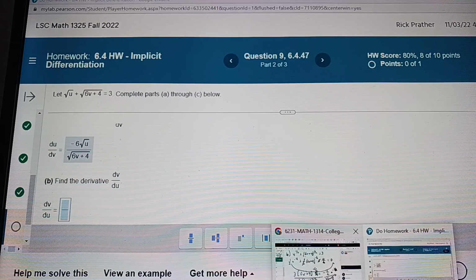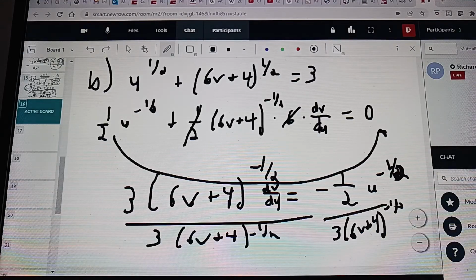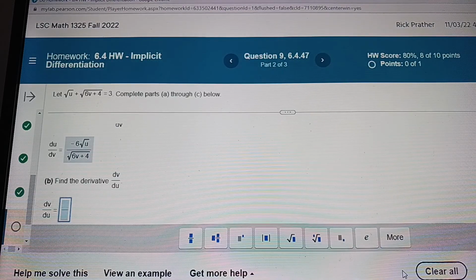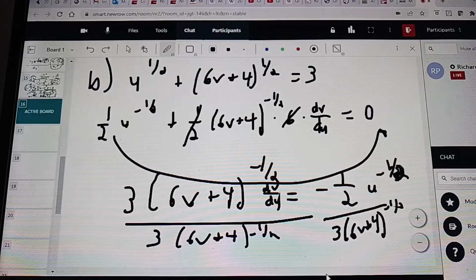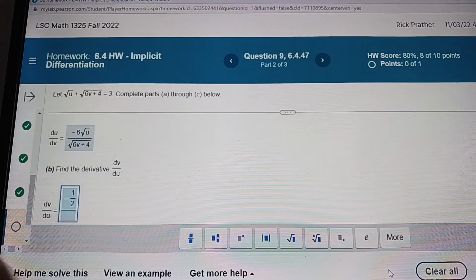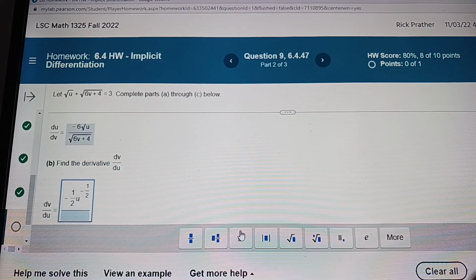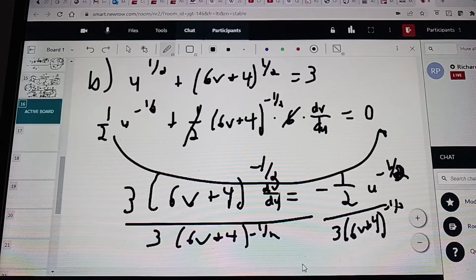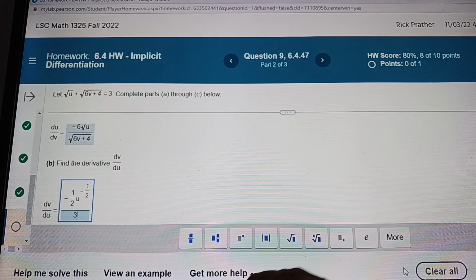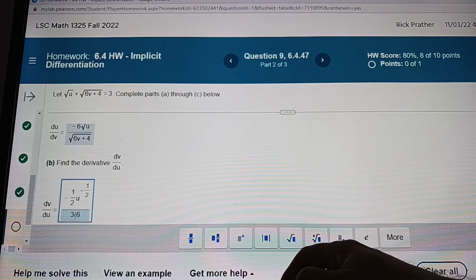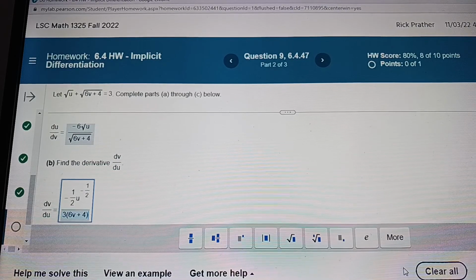So I got fractions inside of fractions, and I got negative exponents, but let's see if they take that. Negative 1/2 and u to the negative 1/2. And then in the bottom, 3, or was it negative 3? 3 times 6v plus 4 to the negative 1/2.